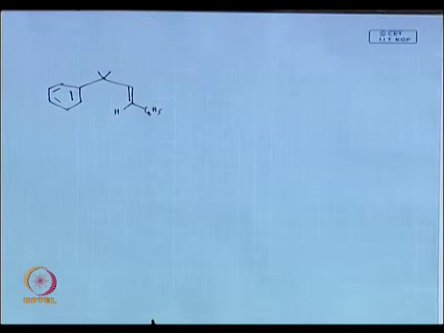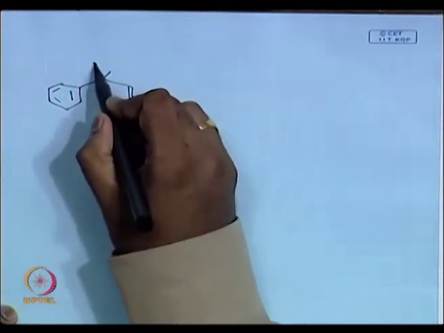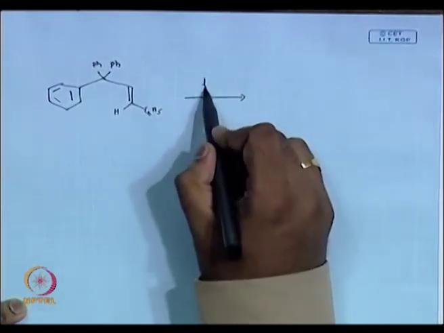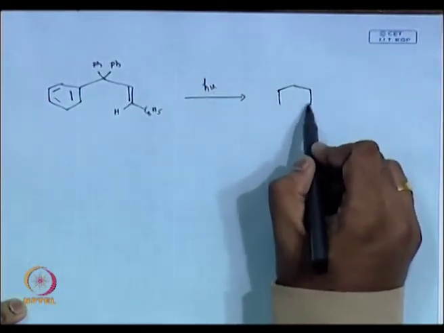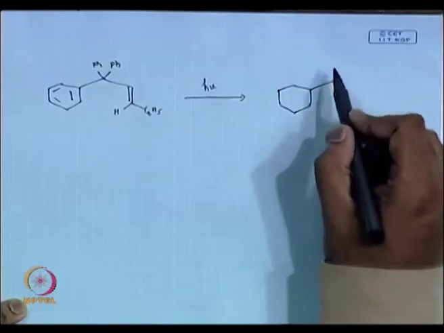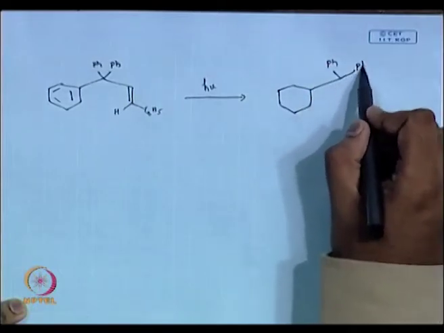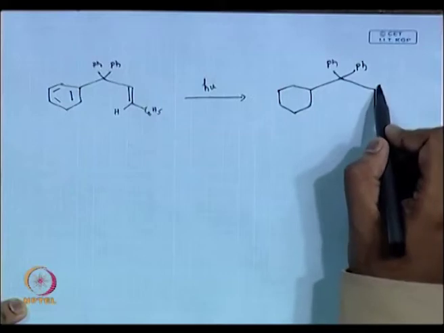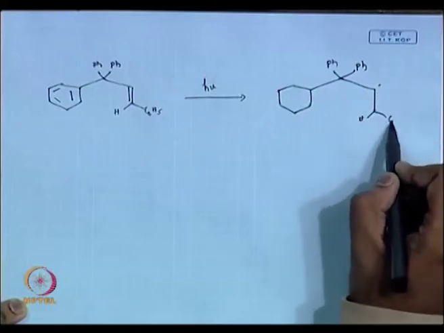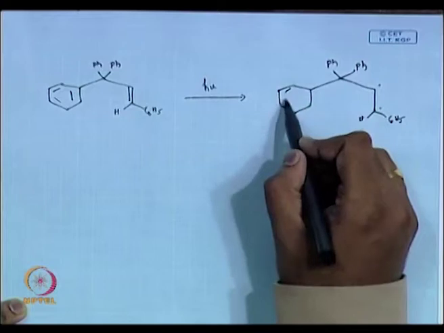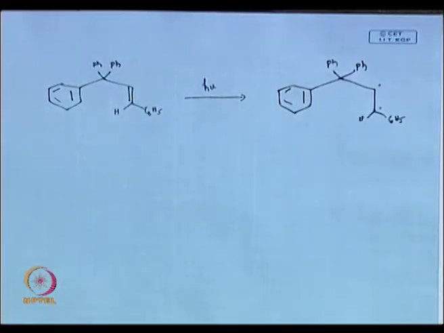Now I am putting 2 methyls, or even if you want reaction, in methyl also you have this, but if you have 2 phenyls, then what do you think? If I photolyze, what do you think will happen from here?